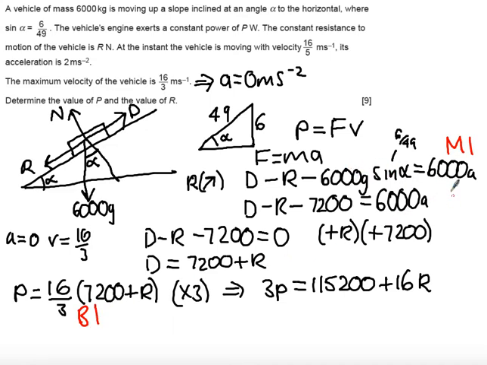Additionally, with this equation, we get an accuracy mark if the values are substituted in correctly and used correctly. Then, if we get the correct equation substituting in a equals 0 when we've got the V equals 16 over 3, I get another accuracy mark. Okay, so there are our first 4 marks.